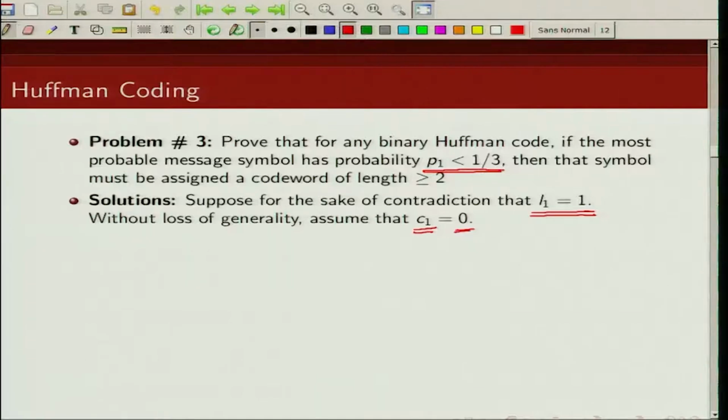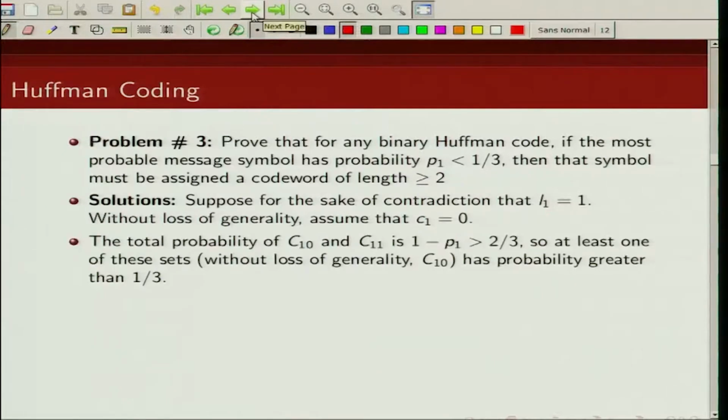So what we are seeing is a situation like this. We have a binary tree and this message symbol is assigned a code word which is basically 0. And this has probability P1 which is less than 1 by 3.